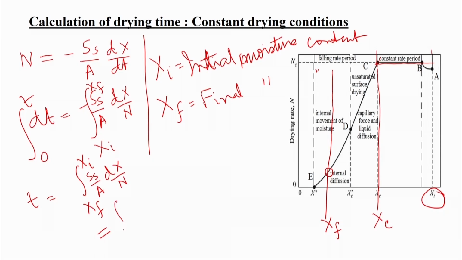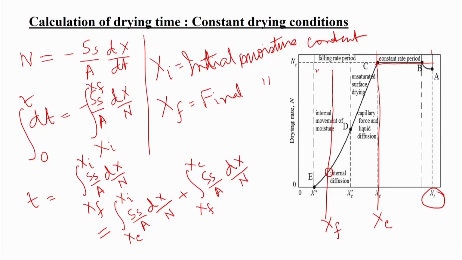So, x_i to x_c S_s by A dx by N plus x_f to x_c S_s by A dx by N. So, this is the total drying time.